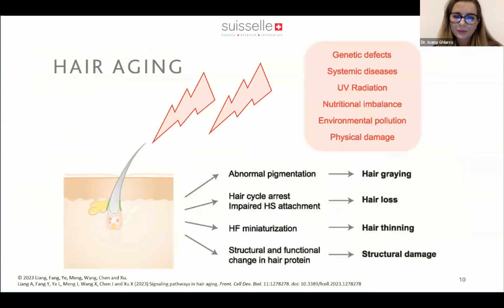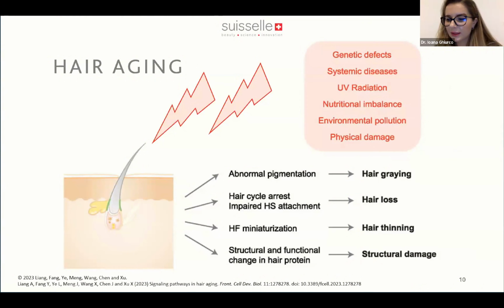Next slide, please. Okay. Hair aging is characterized by many changes in hair structure. Cycles are changed, pigmentation is reduced. As individuals age, hair follicles will produce thinner and weaker strands. This will lead to hair loss and decreased density. The rate of hair regeneration will also slow down, and the transition between the phases will be different and less efficient.